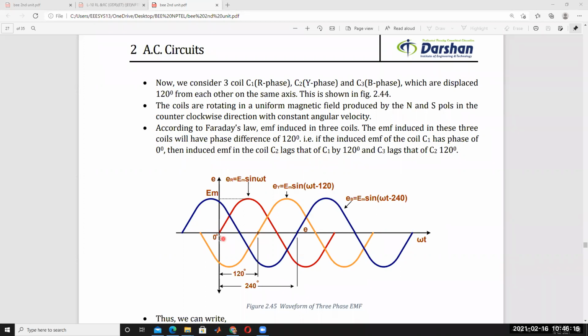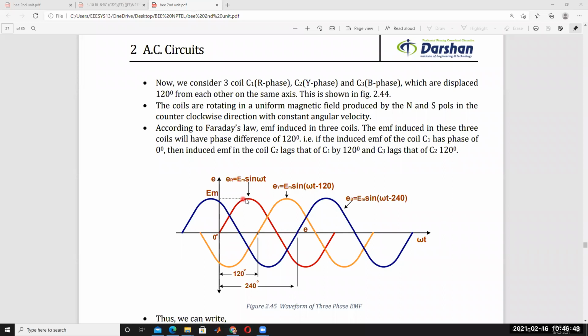Here 0 degrees, 90 degrees in the middle, 180 degrees. After 120 degrees the Y phase will start, and after 240 degrees the B phase will start.